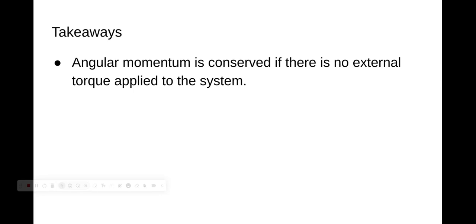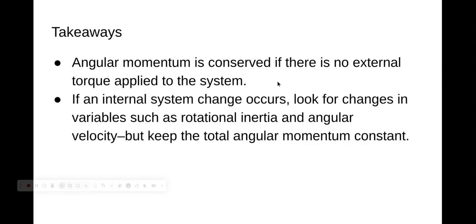The angular momentum you have at the beginning of a problem is the same total angular momentum that you have at the end. Individual objects within your system can change. They can change their torques, they can change their angular velocities or whatever, but the total must remain constant as long as there is no external torque applied.